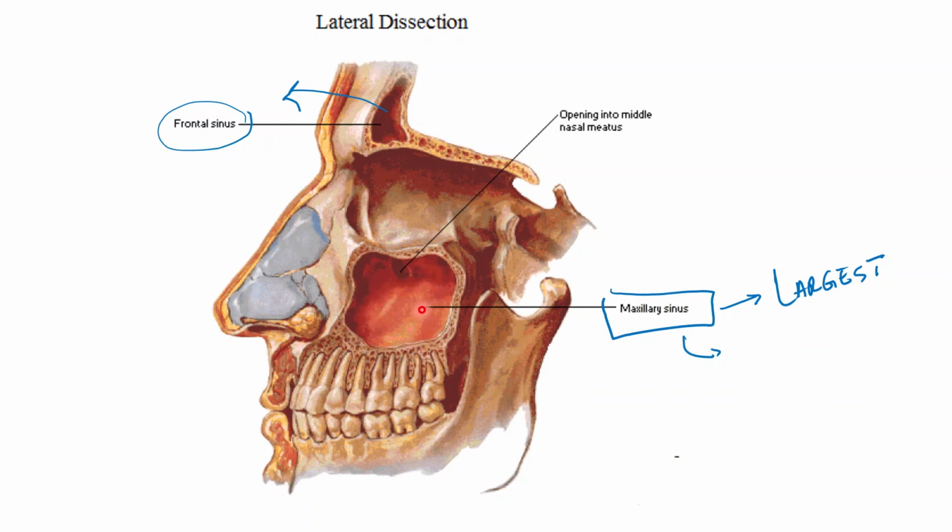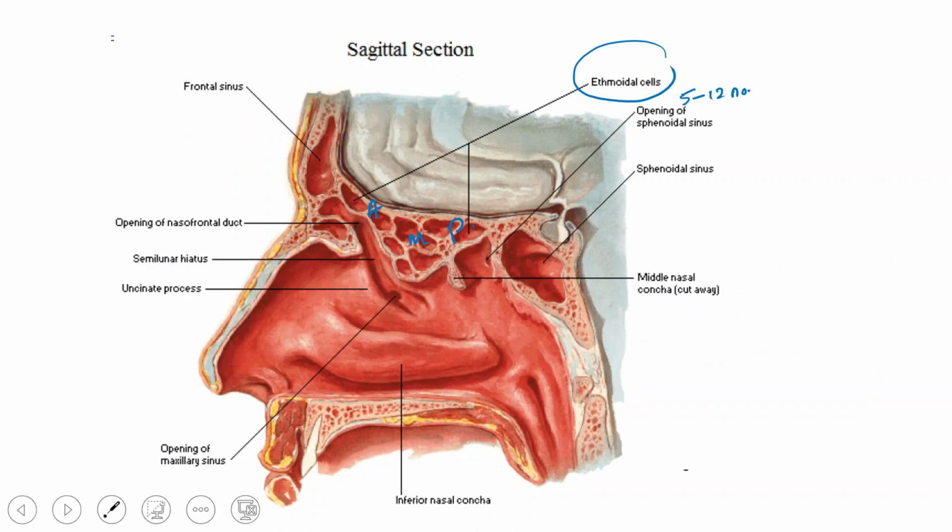Now next, moving on to the sphenoidal air sinus. This sphenoidal air sinus is located within the body of the sphenoidal bone, as seen here. It is located posteriorly, deep to the body of the sphenoid, above and behind the nasal cavity.